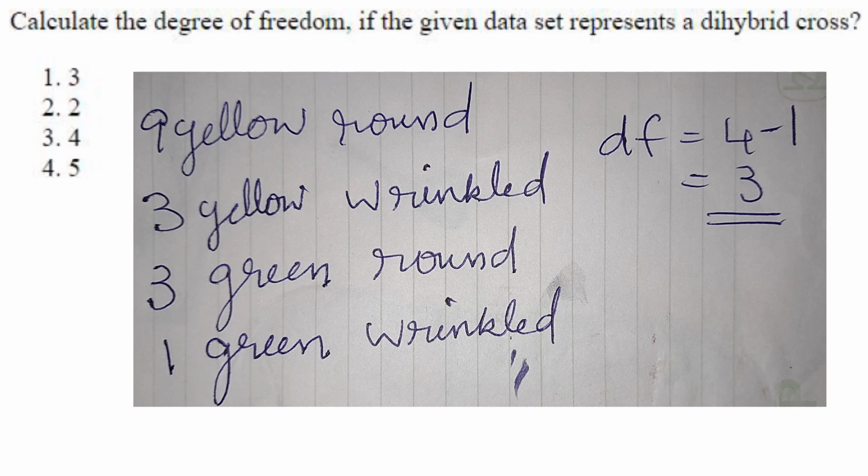So there are 4 phenotypes in a dihybrid cross. Degree of freedom is number of phenotypic classes minus 1. So here 4 phenotypes, 4 minus 1 gives you answer as 3. So option 1 is the answer.